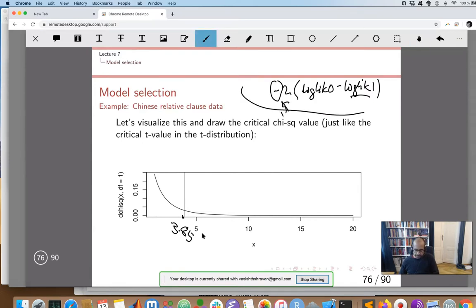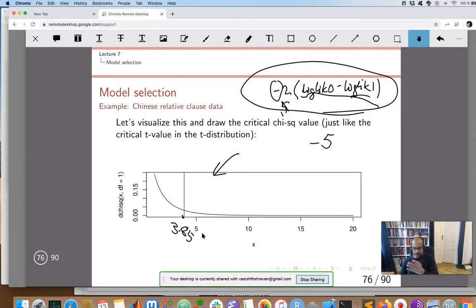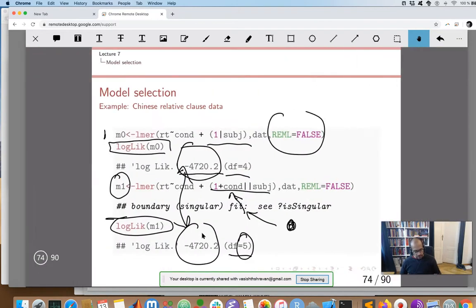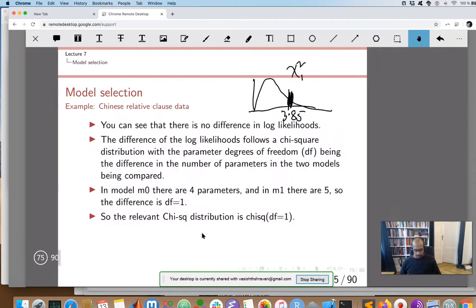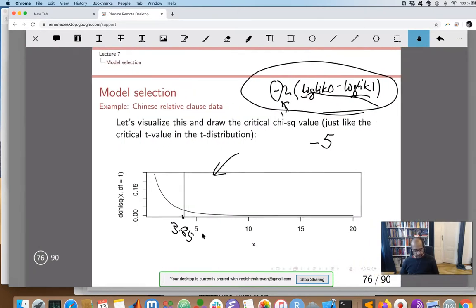The result of this calculation has to be some positive number, because we're comparing it with the chi-square distribution, which can only have positive values. So if you accidentally do the wrong subtraction and you end up with a log likelihood difference of minus 5 or something, you know that you messed up the differences. Now luckily you don't have to do this by hand. I'm just doing it by hand once to show you how the underlying machinery works, but the anova function will do everything correctly for you, right?